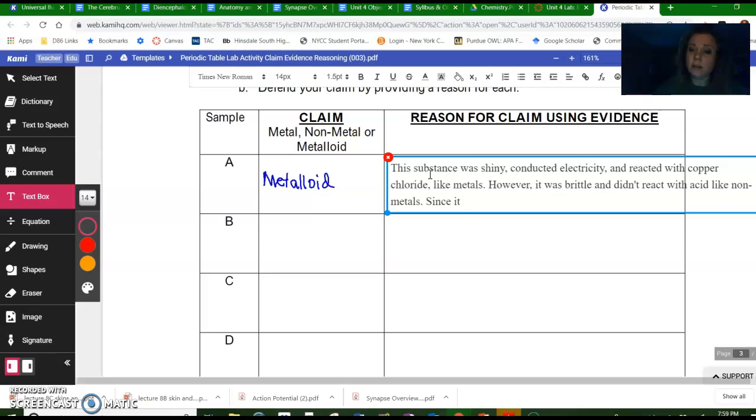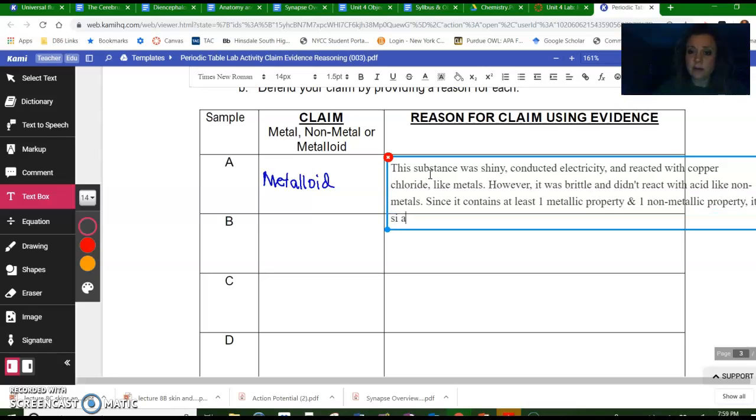Since it contains at least one metallic property and one non-metallic property, it is a metalloid.